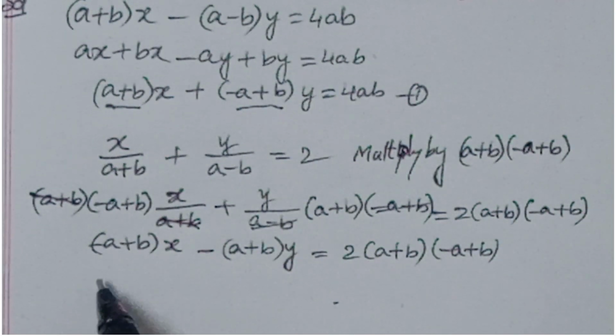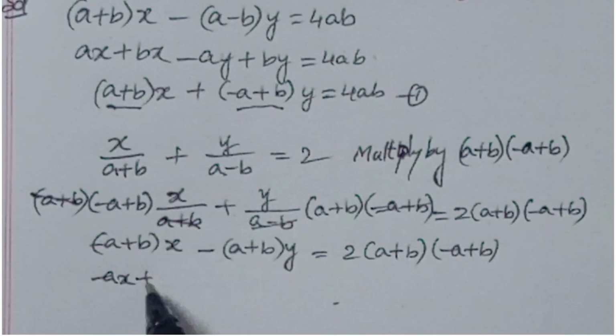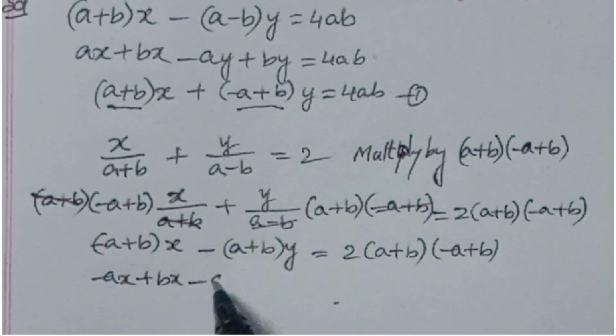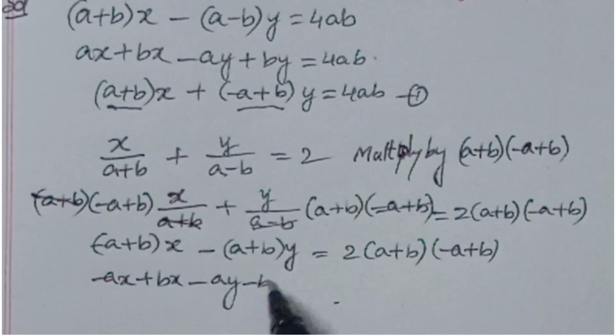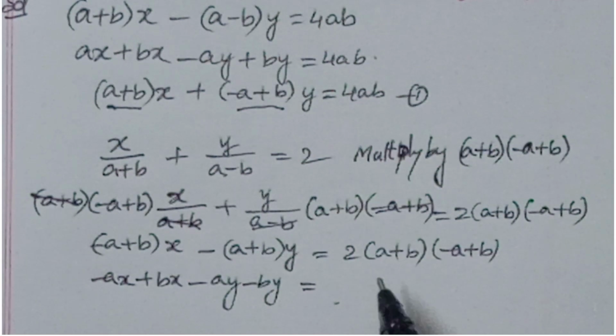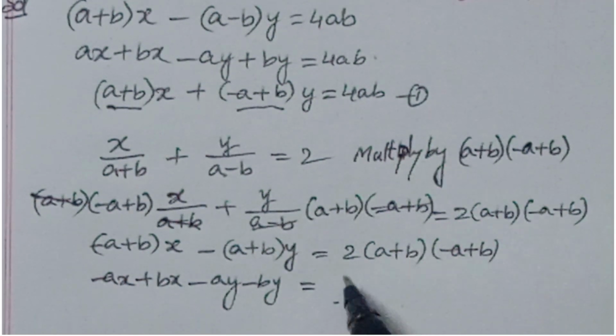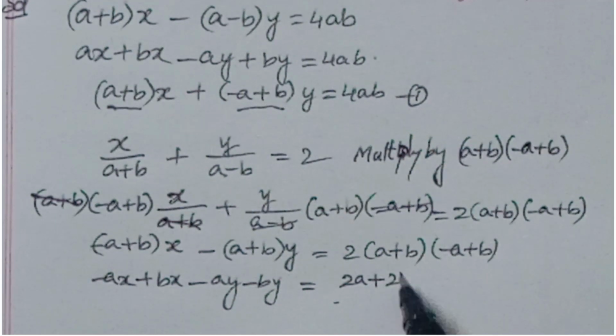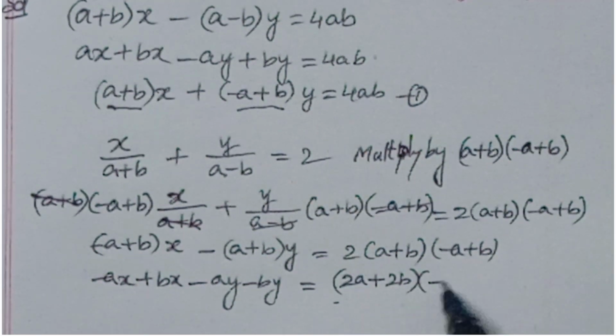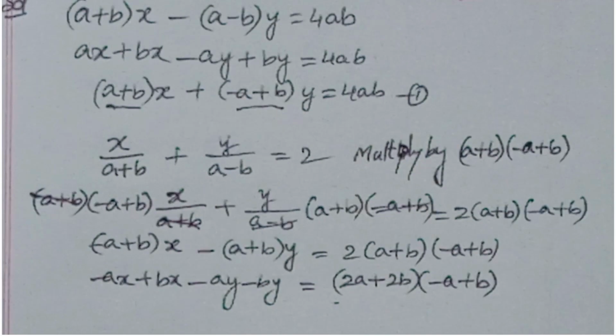If you open the bracket here, you can multiply this 2a plus 2b into -a plus b.